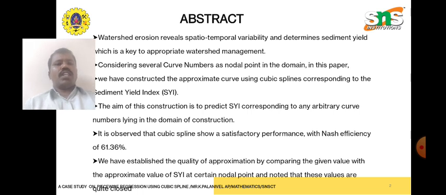The aim of this construction is to predict SY corresponding to arbitrary curve numbers lying in the domain of construction. It is observed that cubic spline shows a satisfactory performance with NSE efficiency of 61.36%.